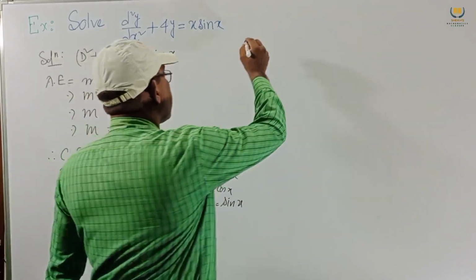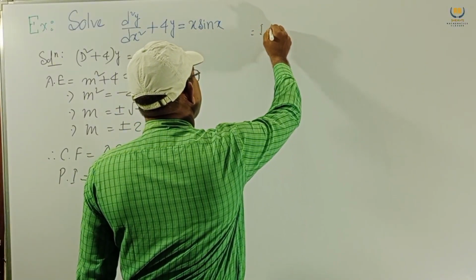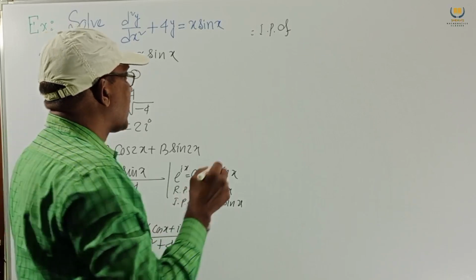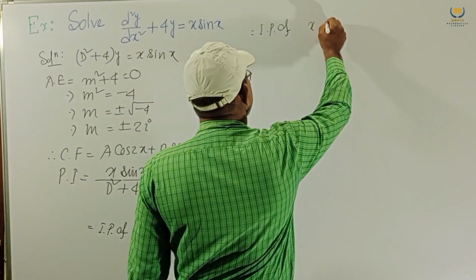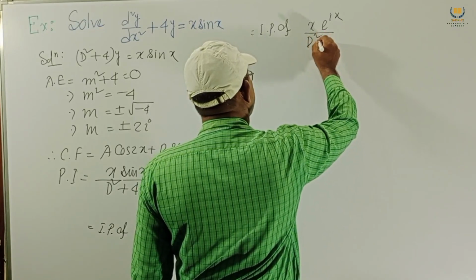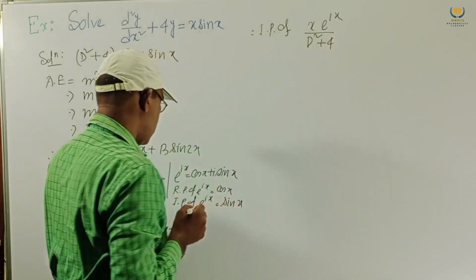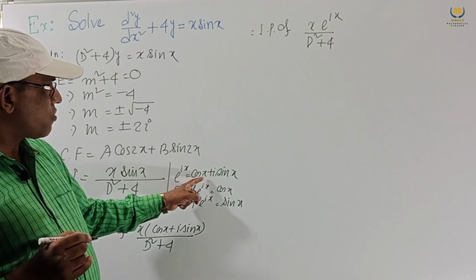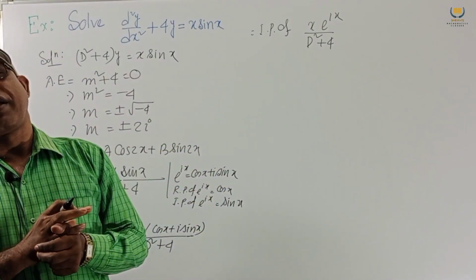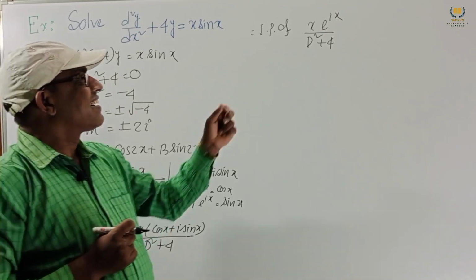Now this can be written as the imaginary part of x e to the power ix divided by D² + 4. E to the power ix means cos x plus i sin x. Now what we get?